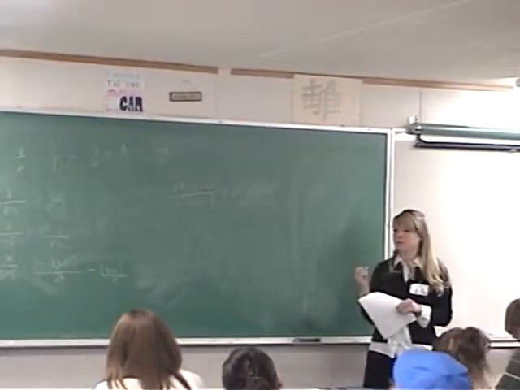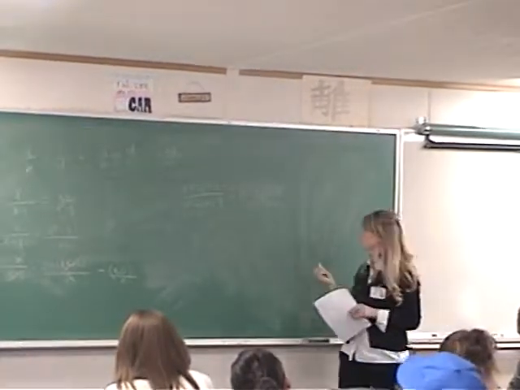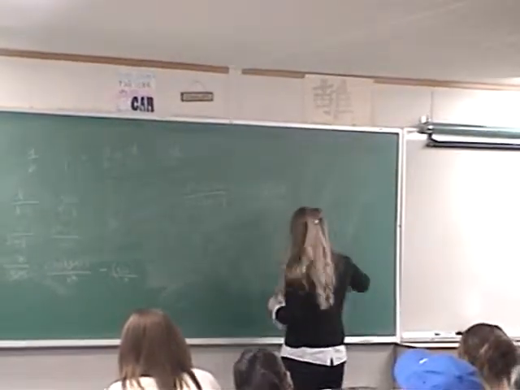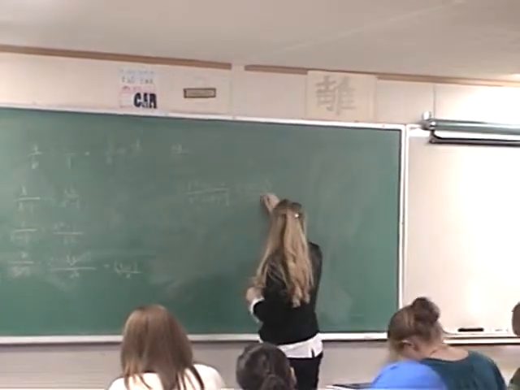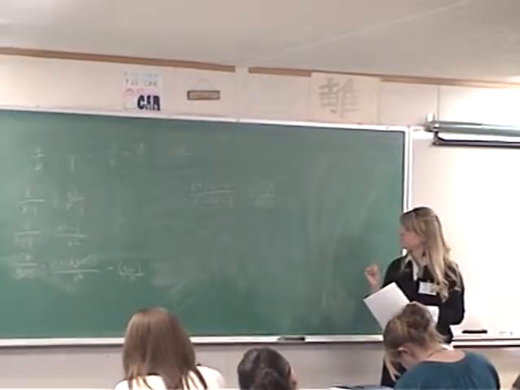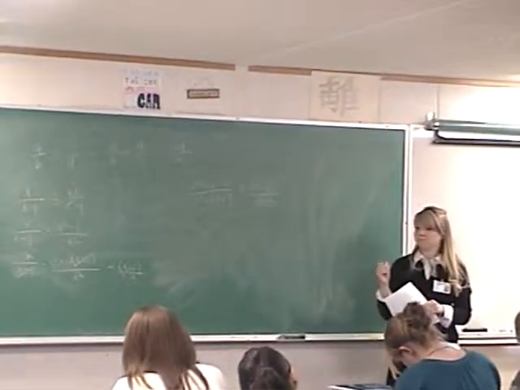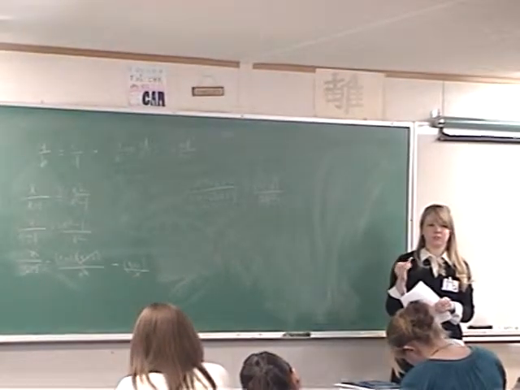What's the first thing that you think we need to do? Put x plus 3 in the whole. Beautiful. Let's just do this. And then what? What was our first step?